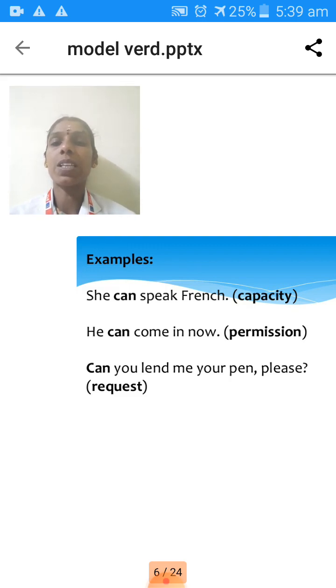She can speak French. It is a capacity. He can come in now. That is permission. Can you lend me your pen, please? It is a request. In these three categories we can use the word can.